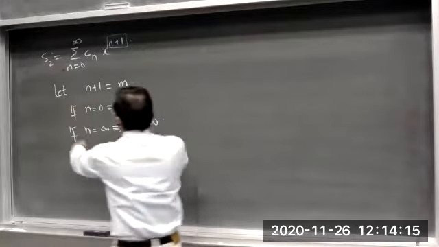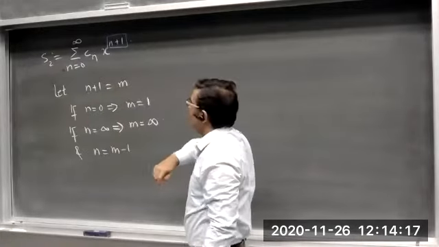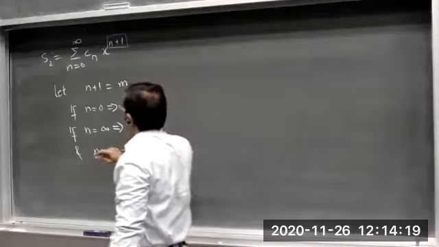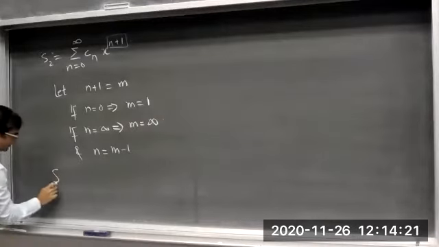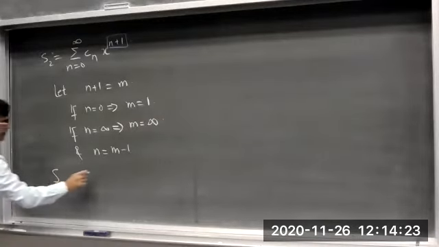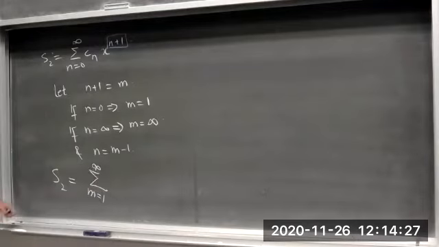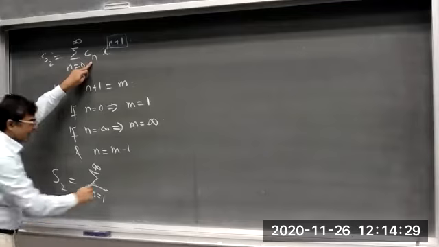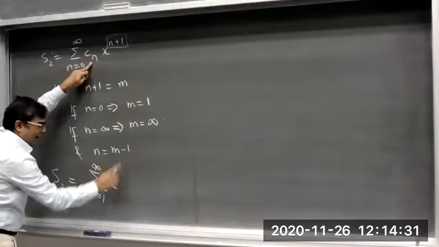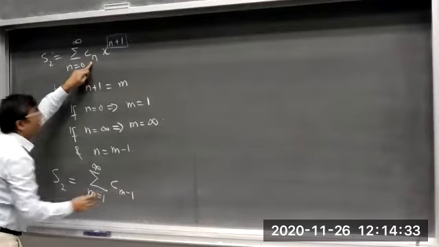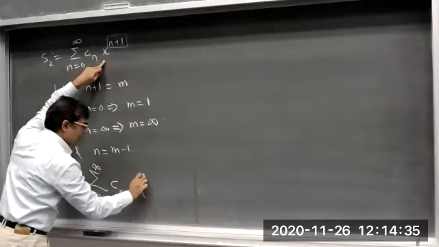Now, using these substitutions here in this series, we can write that S2 has been transformed into m from 1 to infinity, Cn, n is m minus 1, and x power m.